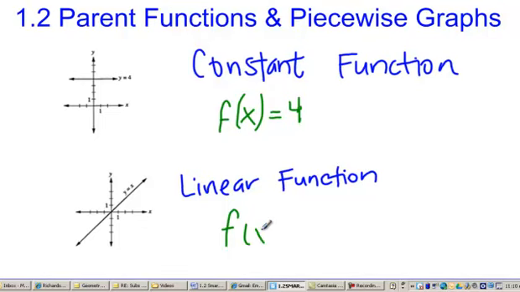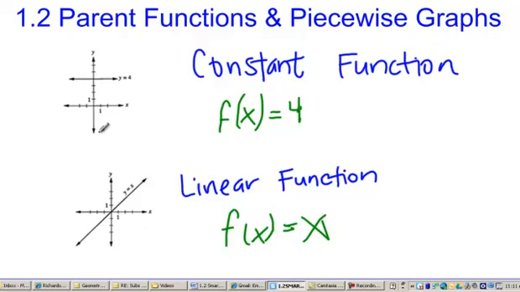I just have to write really slow in order for this to pick up. So f of x equals x. Oops. That's an x value. Doesn't look like it, but it is.